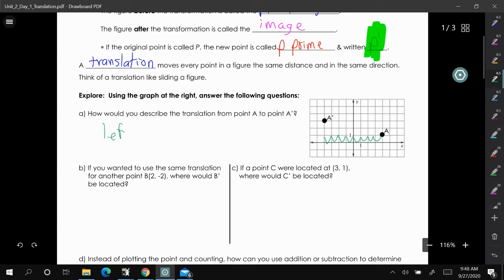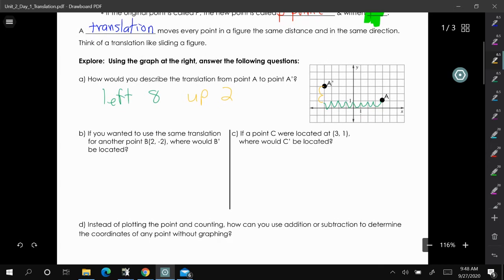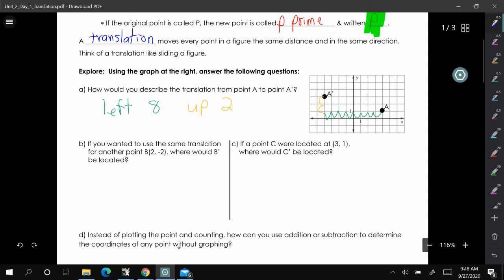So we went left 8 and up 2. Now let's say we have another point, 2 comma negative 2. We label that point B. Where would B prime be?